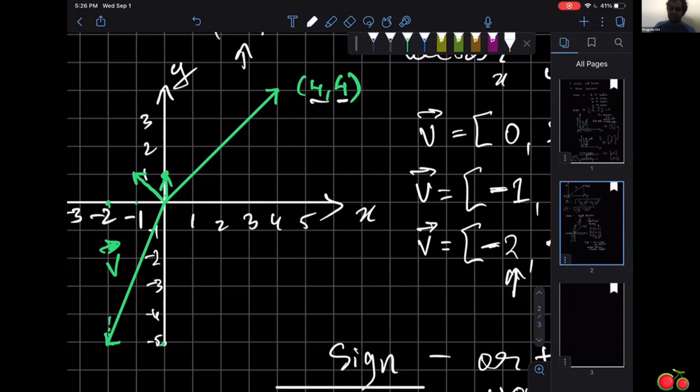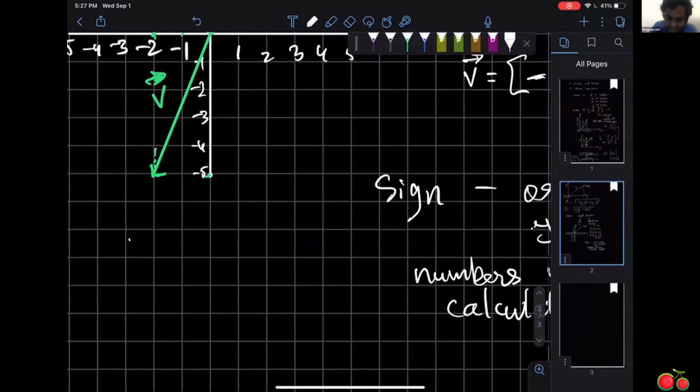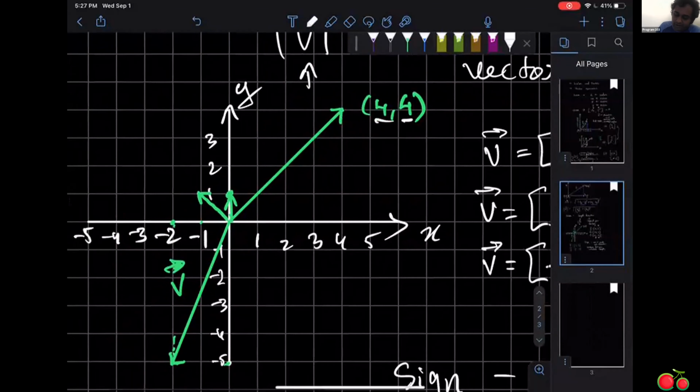But when it comes to direction, I don't actually need the entire vector, right? So if my vector is 4, 4, or let me write it in proper notation, 4, 4, I can just divide it by 4, and I'm gonna get 1, 1, and the 1, 1 is more than enough to tell me the actual direction, right?